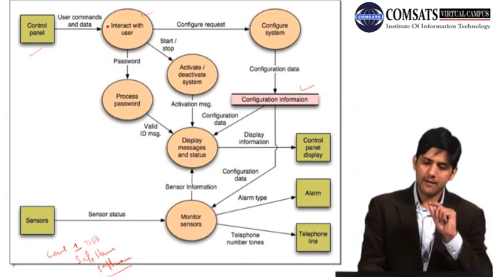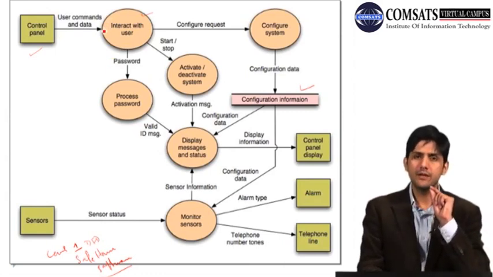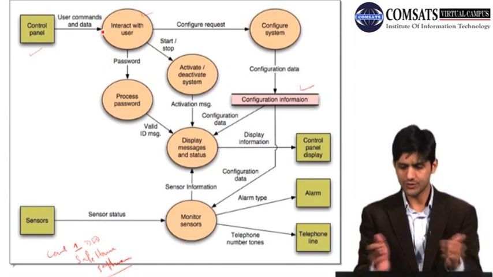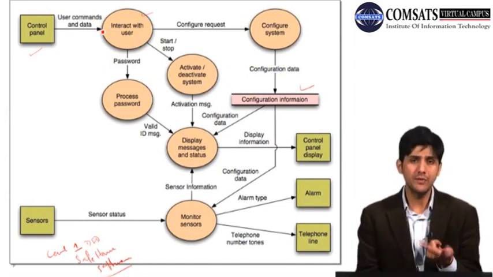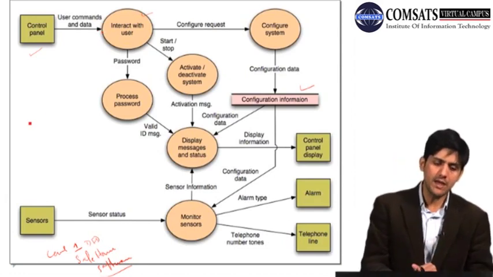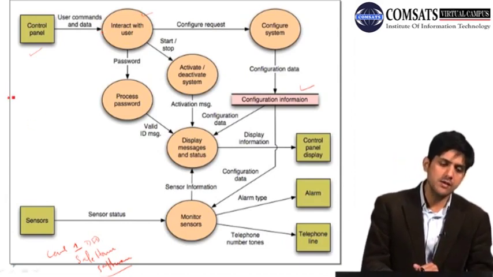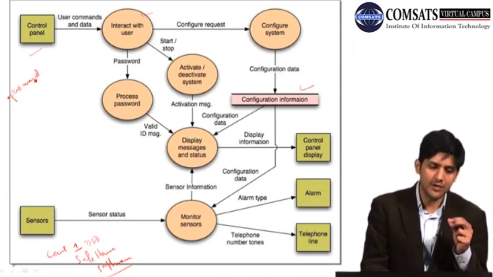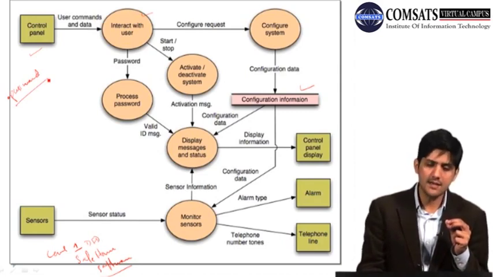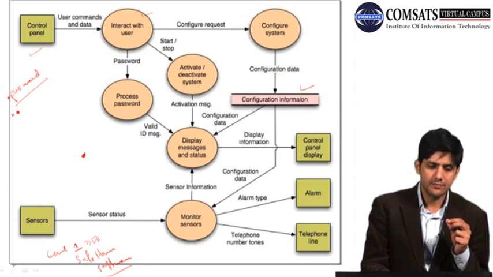Now, one thing that I might have picked when I read those elicited requirements is that the user can send multiple kinds of input to my system. So what the user can do, the first thing that the user would do, he needs to enter his password. So that is one kind of input that the user can send. And another kind of input that the user can send is any configuration changes.